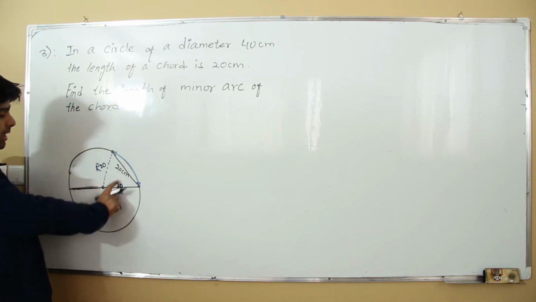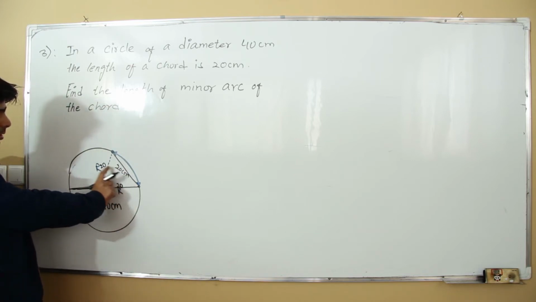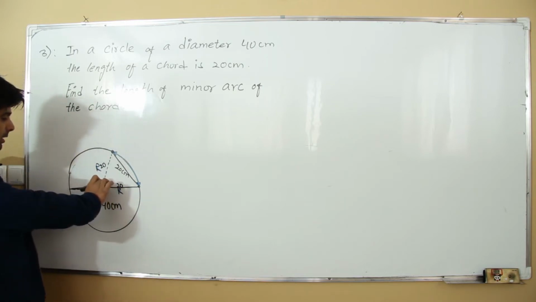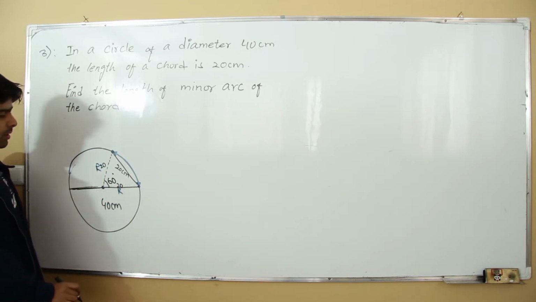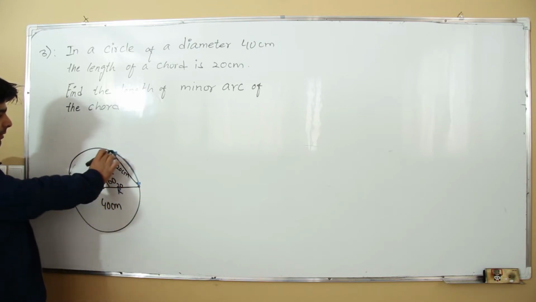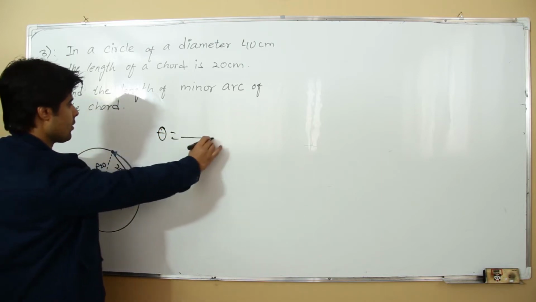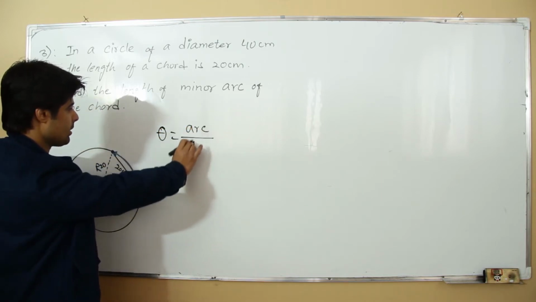If the sides are equal, so the angles has to be equal. This angle is 60 degree. So in here we have an arc which faces 60 degree, and 60 degree is not correct when we add in this formula arc divided by radius.